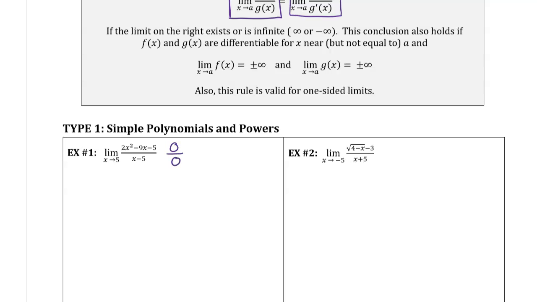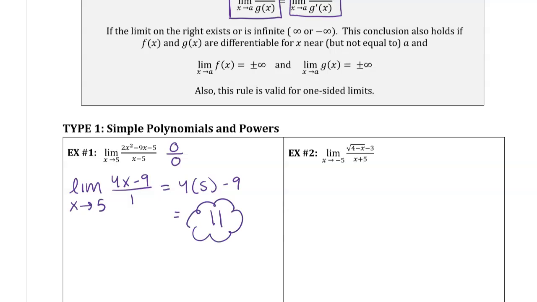But instead of factoring, we just get to say, well, this is actually equal to the limit as x approaches 5. Derivative of the numerator is 4x minus 9. Derivative of the denominator is just 1. So we get to just plug in here 4 times 5 minus 9, which is 20 minus 9, which is 11. Much faster than factoring too.